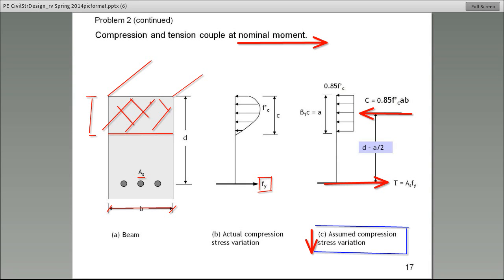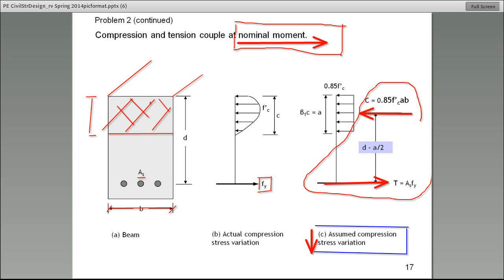All right. So here's what I want you to understand. Remember, I told you you need to learn how to calculate the nominal moment acting on a concrete section. There it is. What we call nominal moment, guys, is nothing other than the moment that this couple system causes.